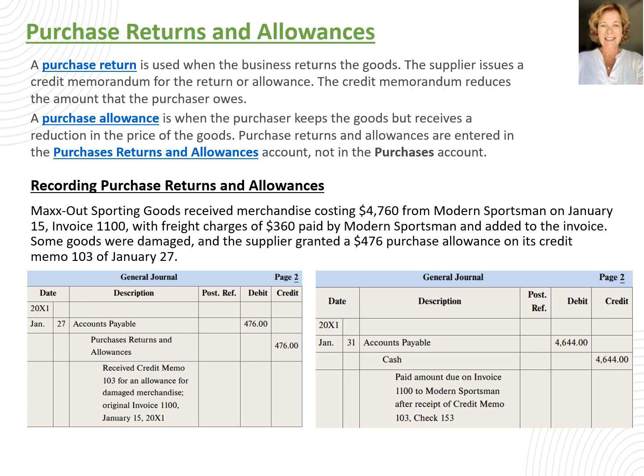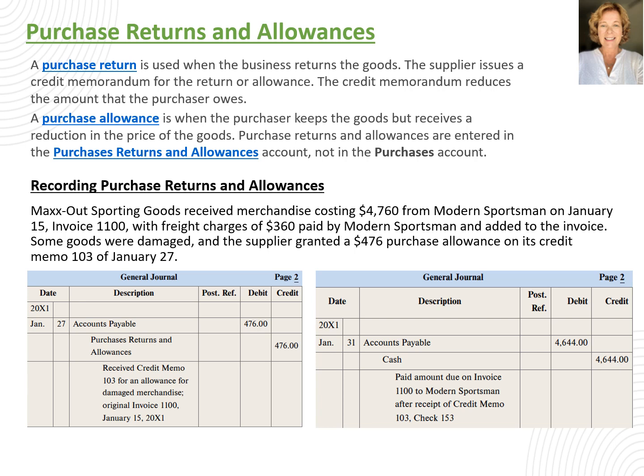Some goods were damaged, and the supplier granted a $476 purchase allowance on its credit memo 103 of January 27th. This reduction in price reduces our accounts payable. That is why we debit accounts payable when we receive the credit memo, and we credit purchases, returns, and allowances.